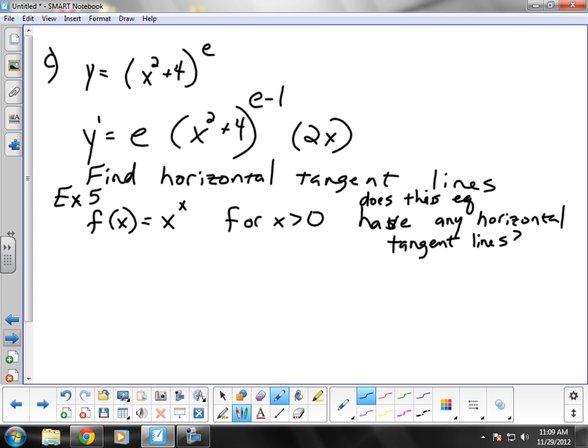So on a test, that's a possibility of a question. It's going to give you a function and ask you to determine whether or not this thing has any horizontal tangent lines. So, how do you decide that? You want to know, is the first derivative ever equal to 0?